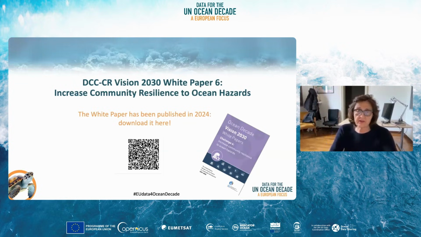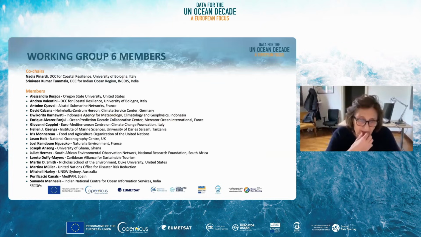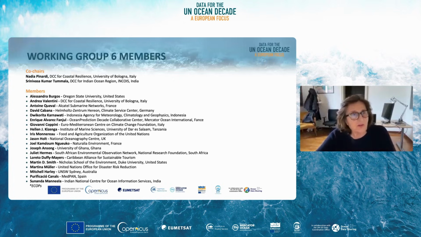We have written a white paper where we try to outline with a group of people, about 20 across the world, what are the major challenges within the challenge of community resilience. And I should acknowledge my co-chair, Srinivasa Kumar Tumala, from the DCC for Indian Ocean region in India, and now actually has moved to Australia, but still part of the team.